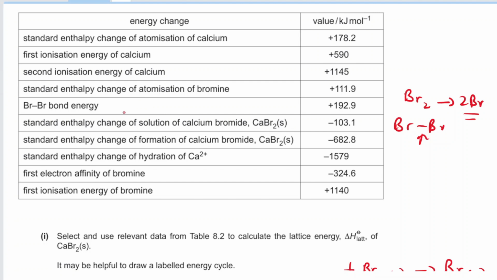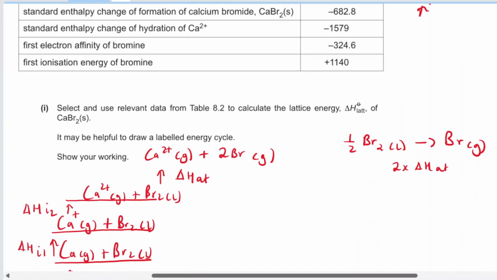Now the issue is with bond energy, this initial reactant must be in gas or else it doesn't work. Okay, so here our initial reactant is in liquid and it's not in gas. So this is very confusing to some people, but bond energy always works when you have gas as a reactant.